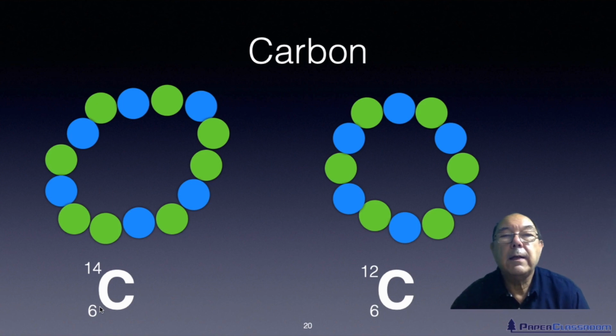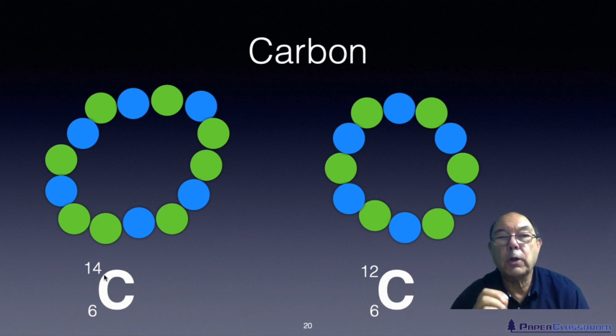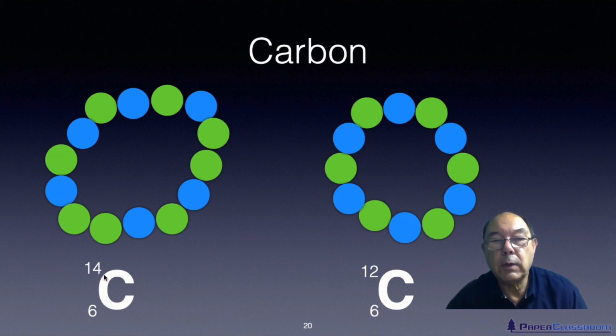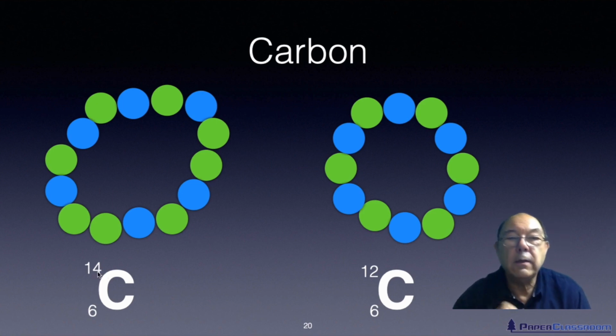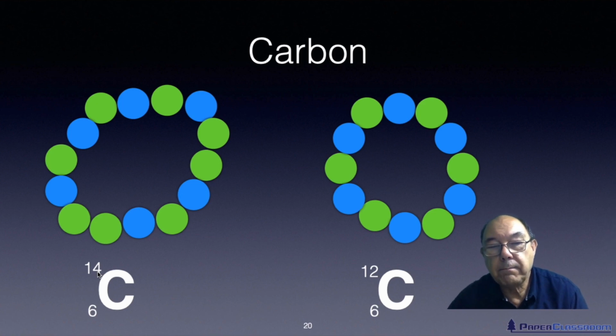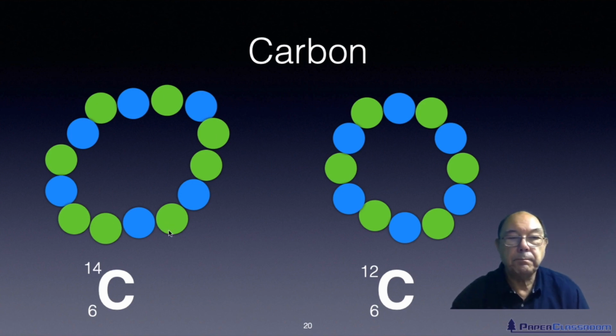Over here, C is carbon. The 6, how many protons there are. The 14, the total mass of the nucleus, 14 atomic units. If we subtract 6 from 14, we're now left with 8. Therefore, there are 8 neutrons. And there we see 1, 2, 3, 4, 5, 6, 7, 8.